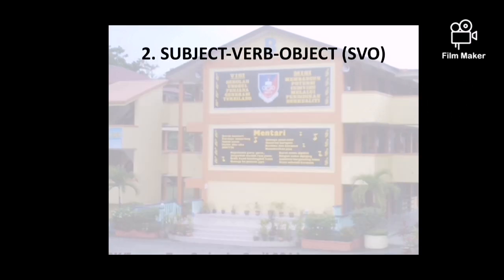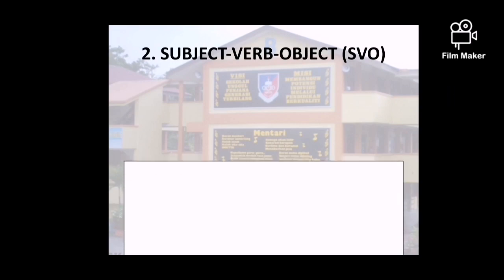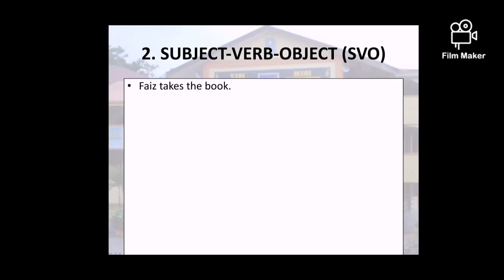The second type of sentence, subject verb object. So based on the SVO sentence, this is the basic pattern, and an example is given. Faiz takes the book.